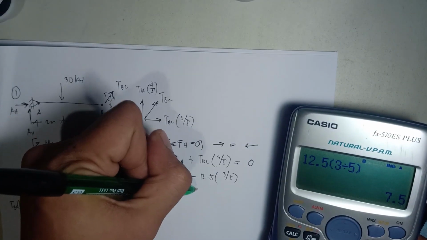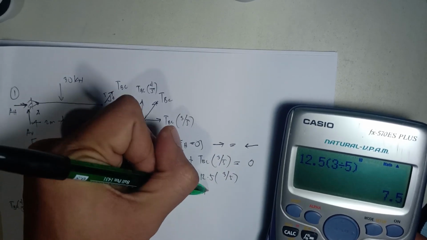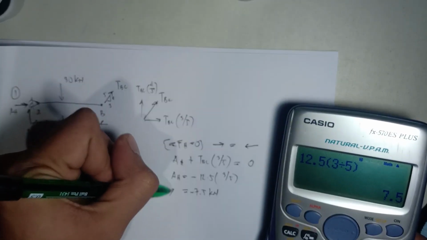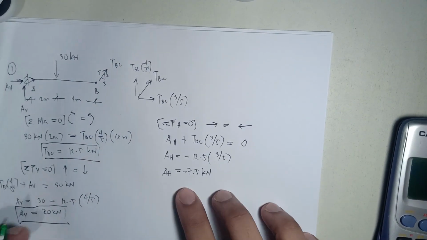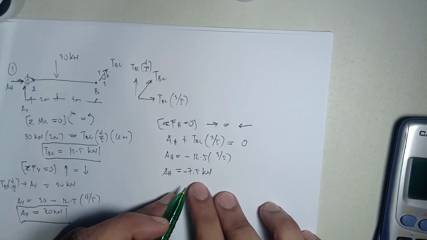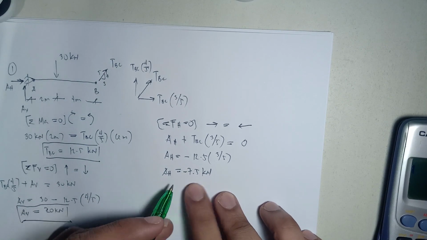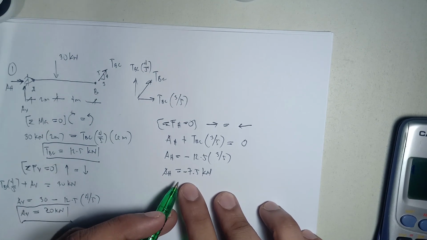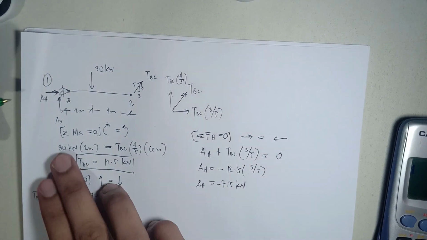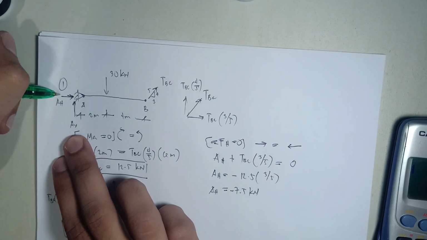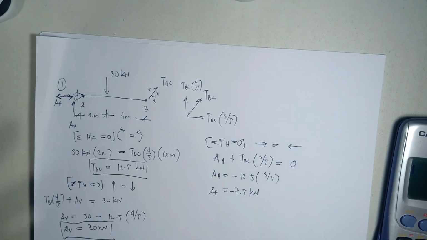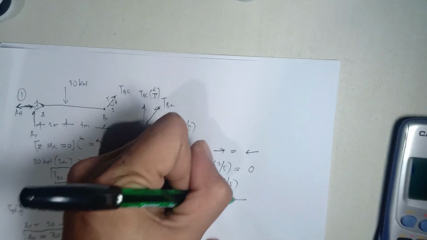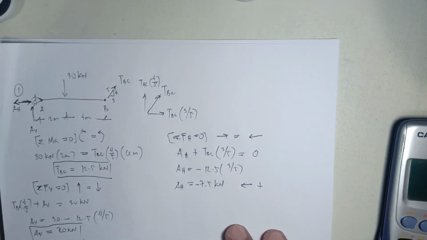So, negative 7.5 kilonewtons AH. Ngayon, yung negative, ibig sabihin, mali yung assumption natin. So, dapat yung direction ng AH is to the left, hindi na siya to the right. So, to the left, positive. Yan.